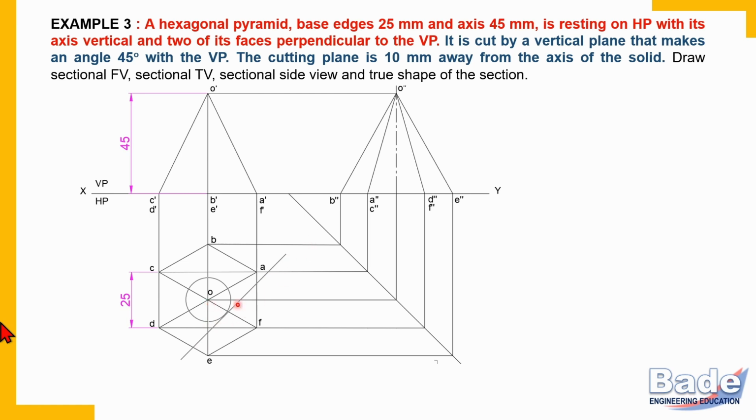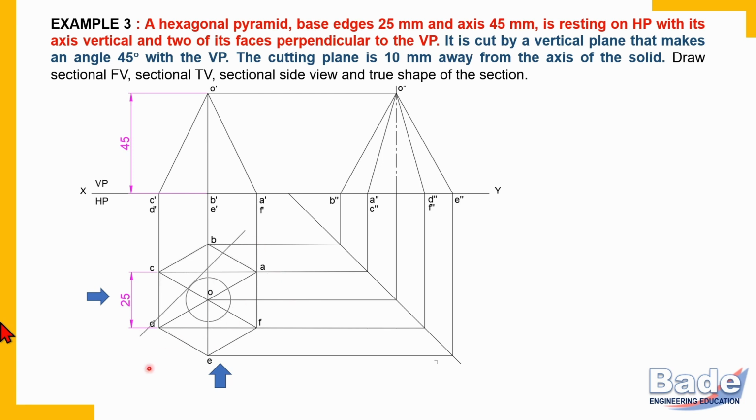So this cutting line satisfies all these requirements. But check here. The portion nearer to the observer is the retained portion. So this is the retained portion. From the front, the section is visible, but from the left side the section is hidden, so you will not get the section visible in the side view. So this is not the correct cutting line.